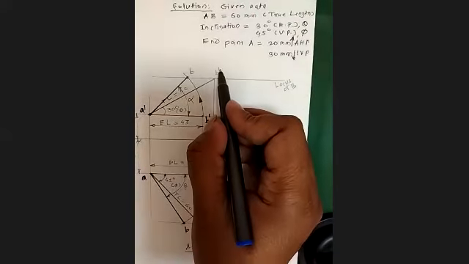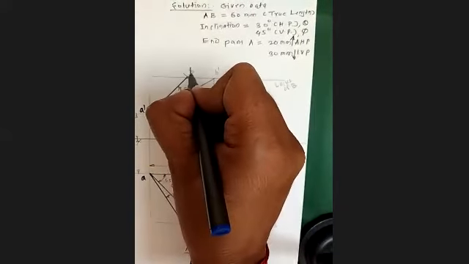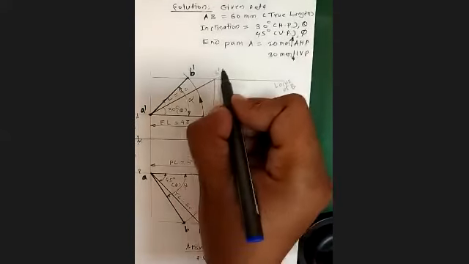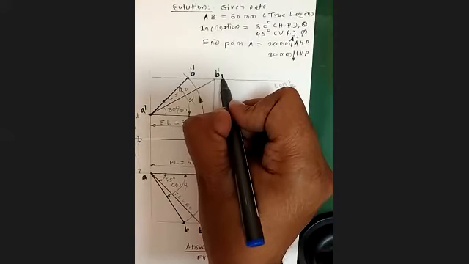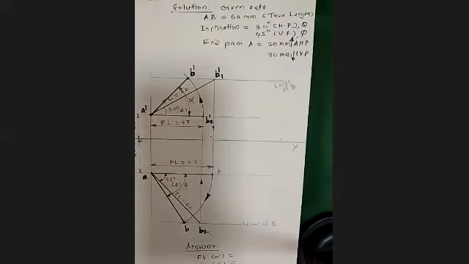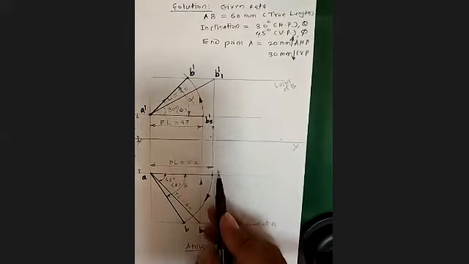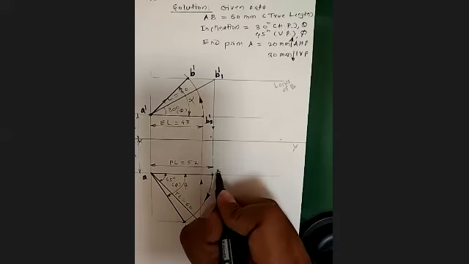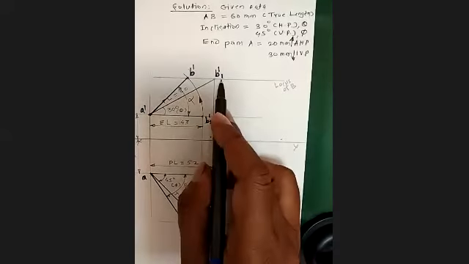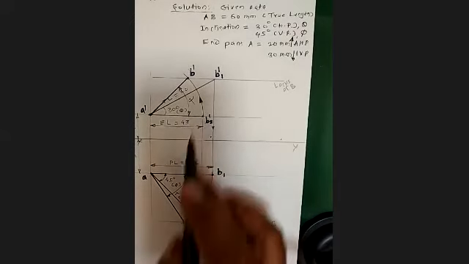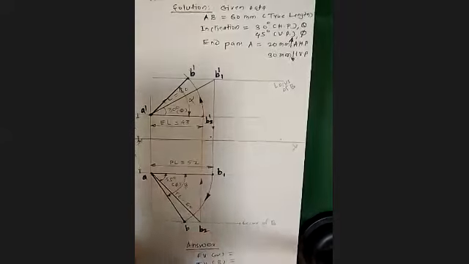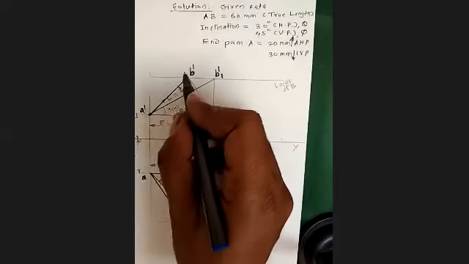This is the point B dash, but B dash actually will be this point. So instead of keeping this B dash, we say B1 dash. Now the corresponding point in PL here, we say it's B1 point. So B1 to B1 dash, B2 to B2 dash, and your final front view is A dash B dash.